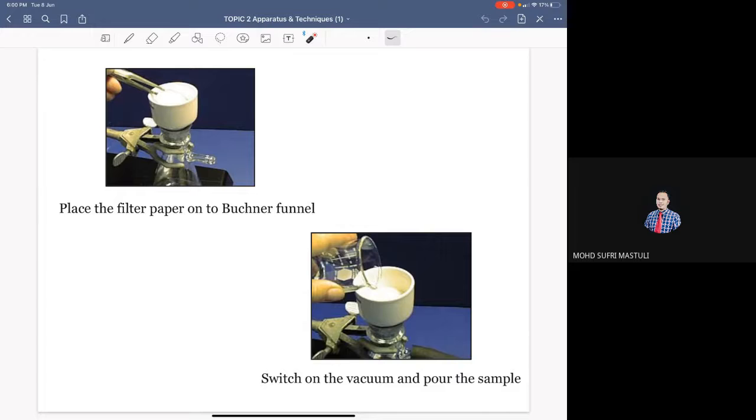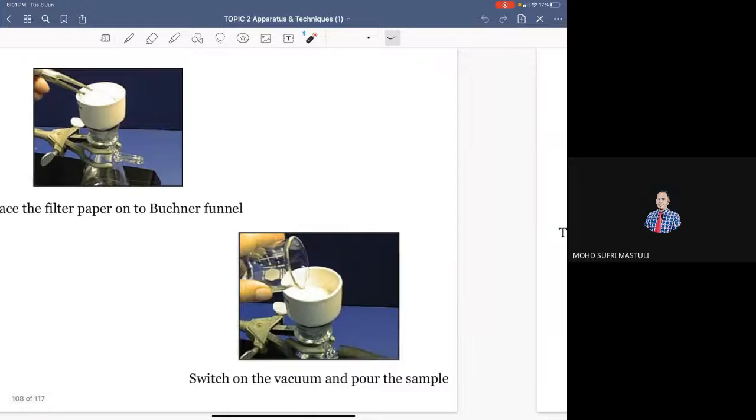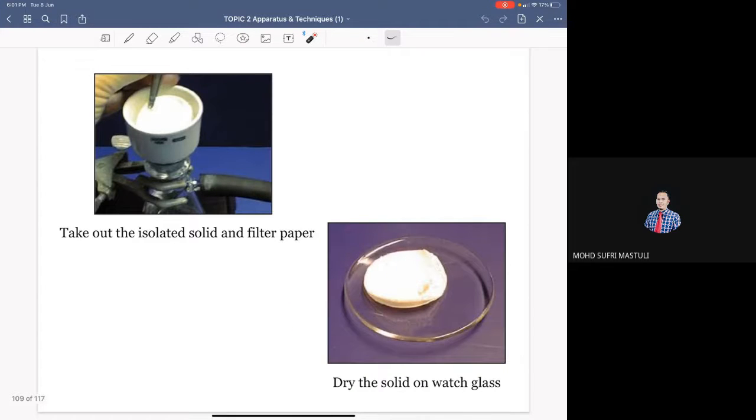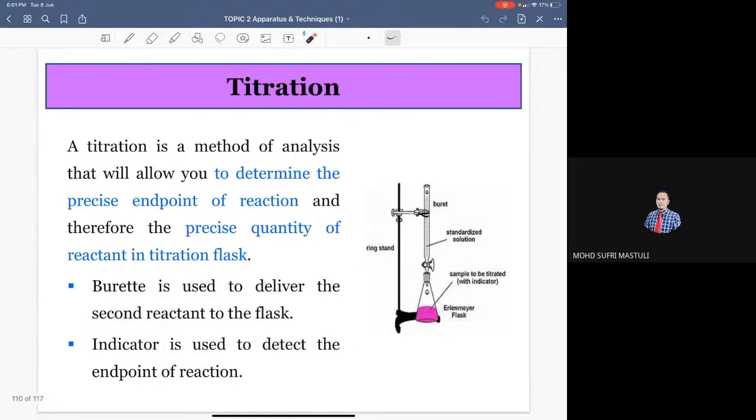Then we switch on the vacuum pump and pour the sample. Take out the isolated solid and filter paper, and then dry it on the watch glass. We are done with filtration. It's very straightforward.